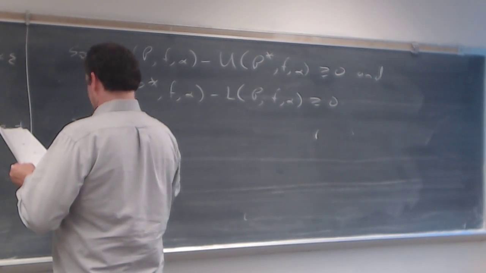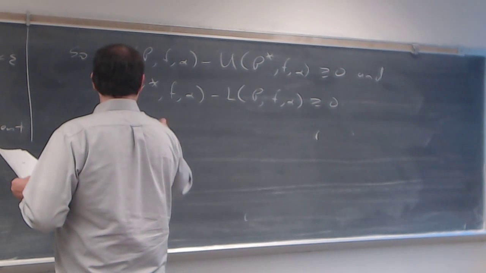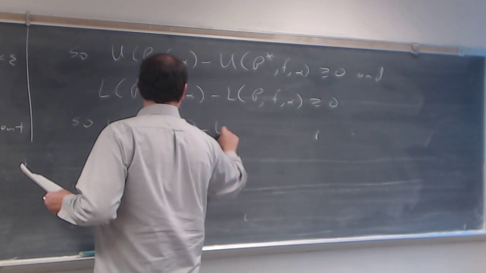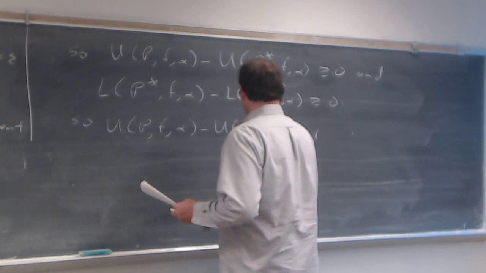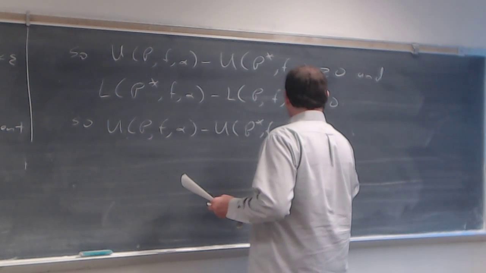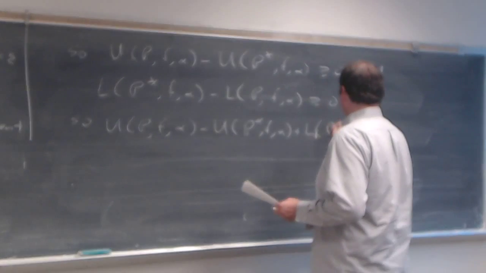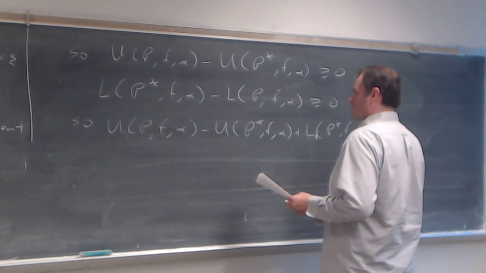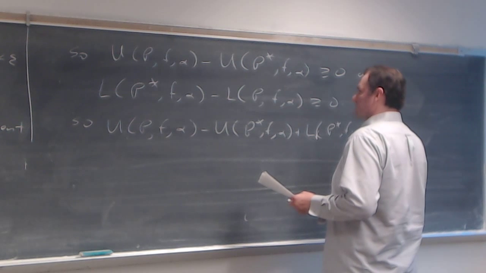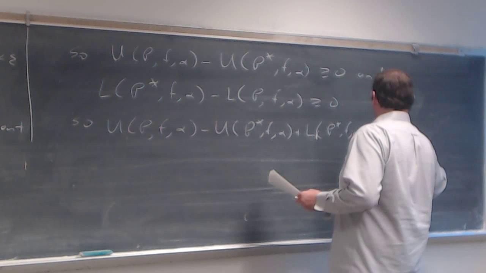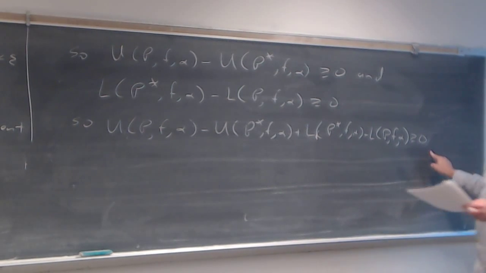So if we add these two quantities together, the upper sum with P minus the upper sum with the refinement plus the lower sum with the refinement minus the lower sum of the original partition is greater than or equal to 0.